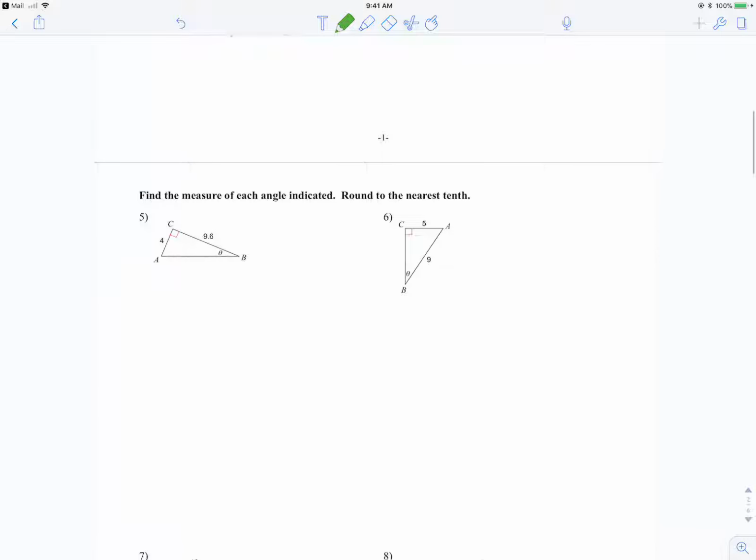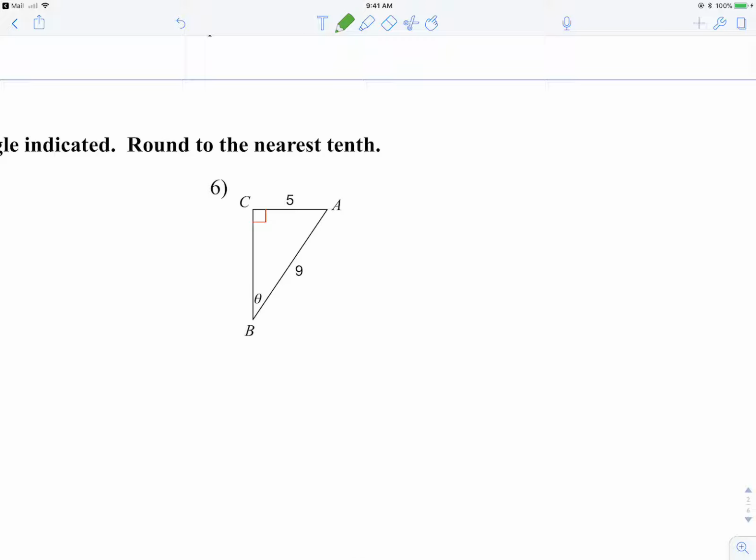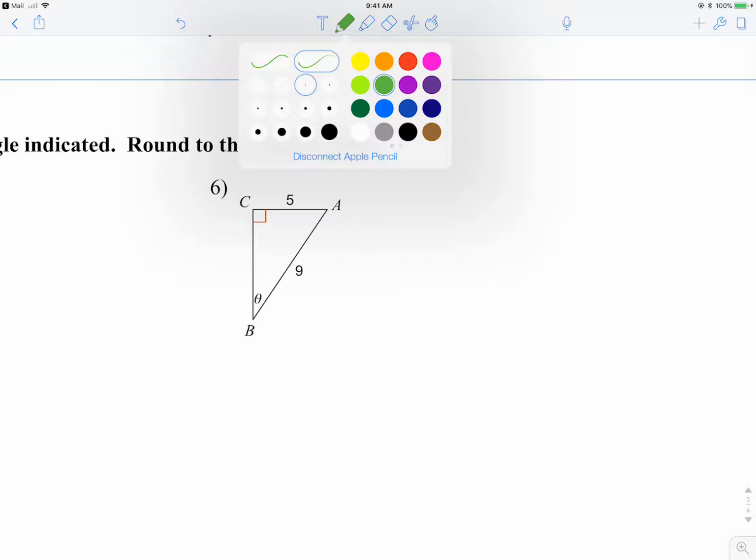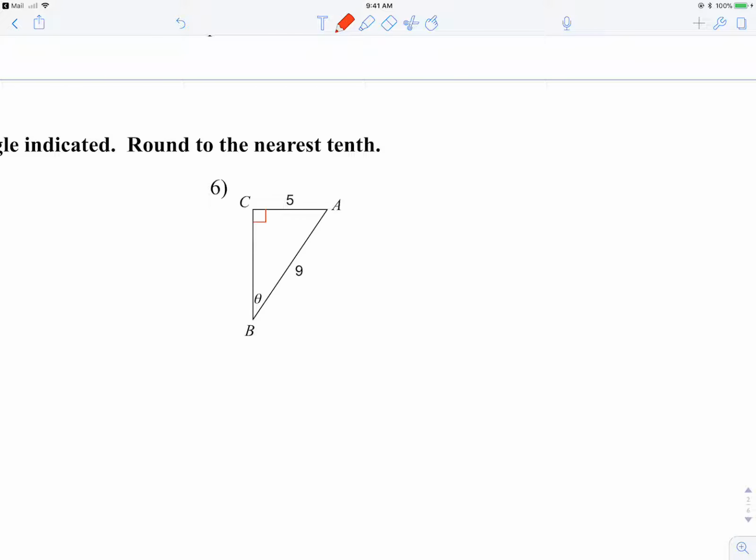Okay, so for the next set of problems, we are solving for an angle. So looking at this triangle, we're solving for the angle theta. Now, we're going to have to use something new on our calculator. So let's think about, if we had, I don't know, how about sine of theta is equal to root 2 over 2.